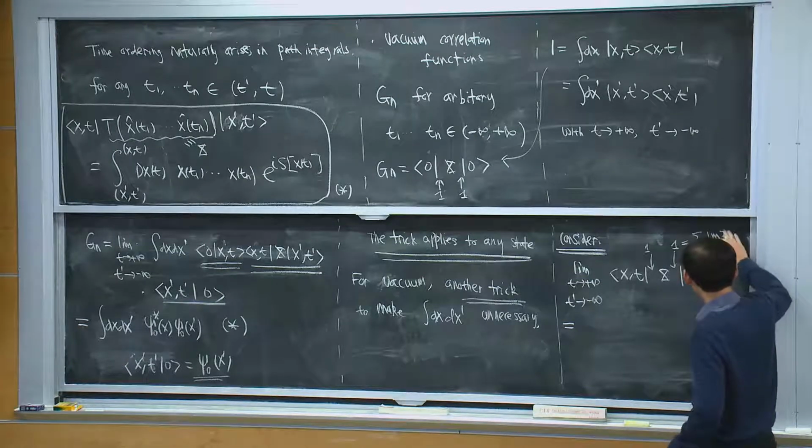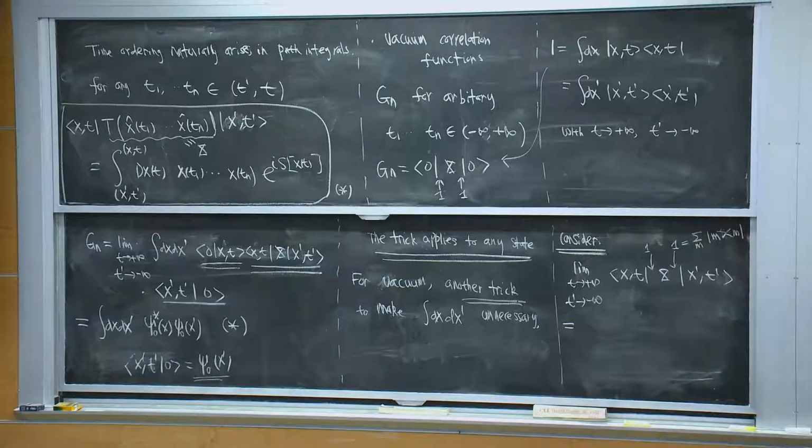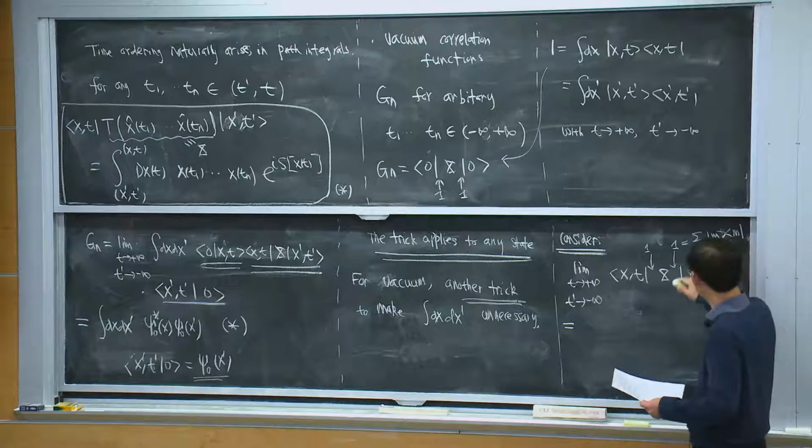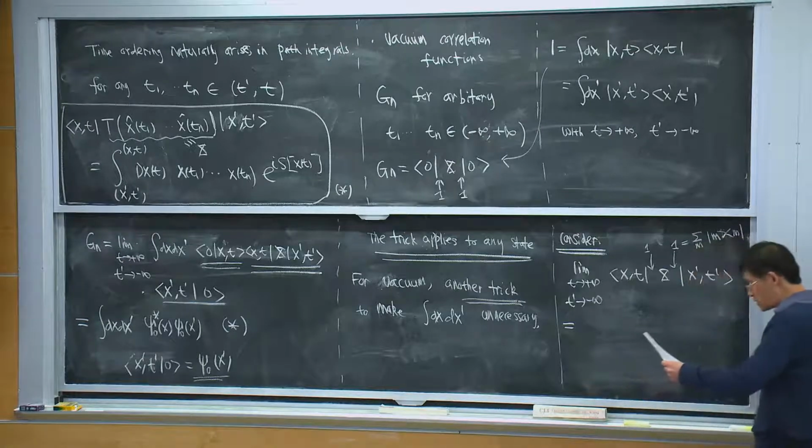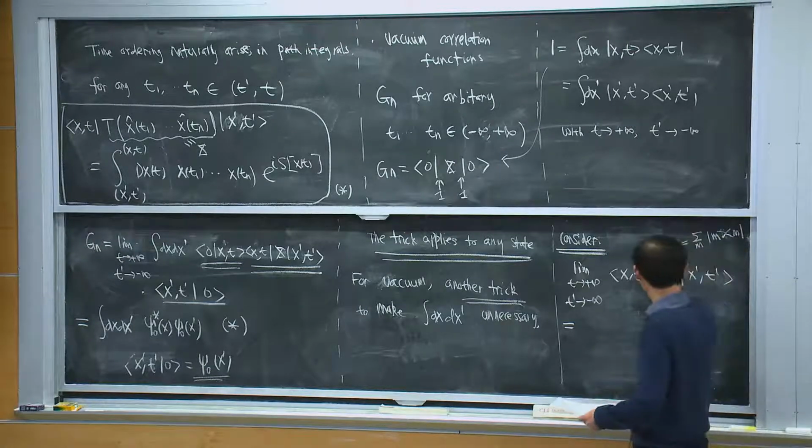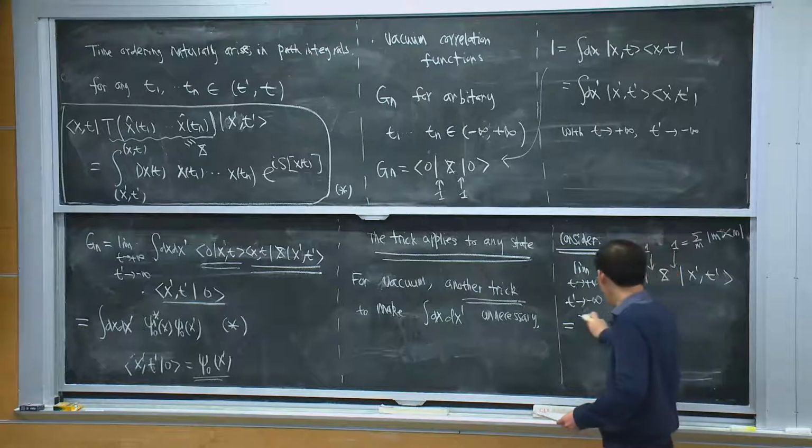I just formally label the states by m and n. So let's insert them in those two places. Then we have n and m.